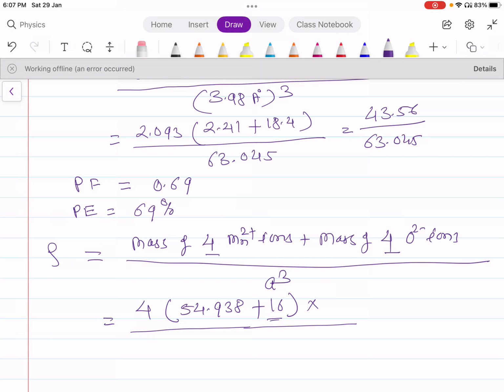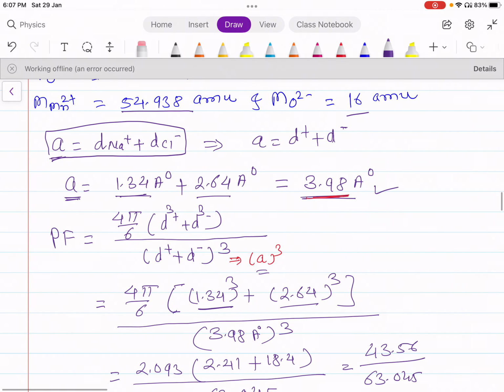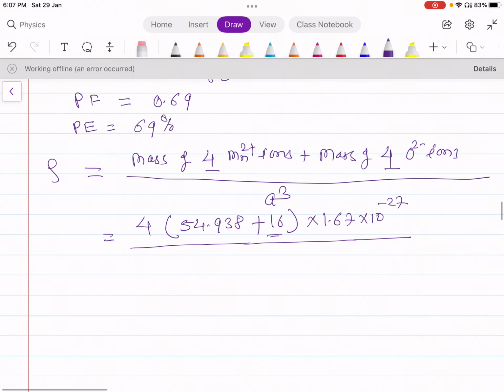You have to convert that in kg. So into 1.67 into 10 to power minus 27, then this value converts to kg. Divided by A cube, we know the A is this 3.98 angstrom. We have to convert this to meter. So into 10 to power minus 10 meter and cube of this.